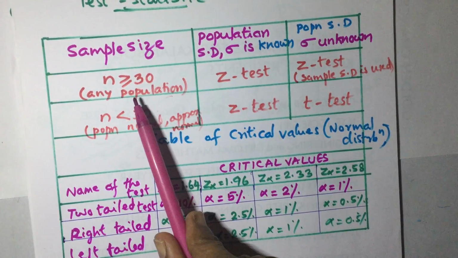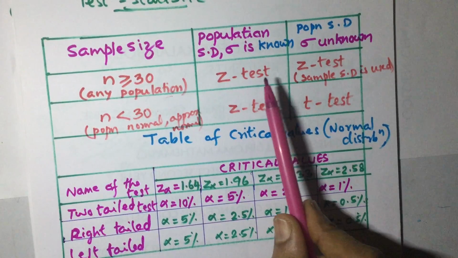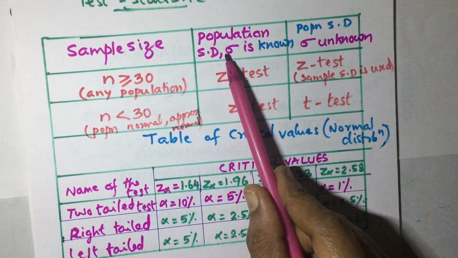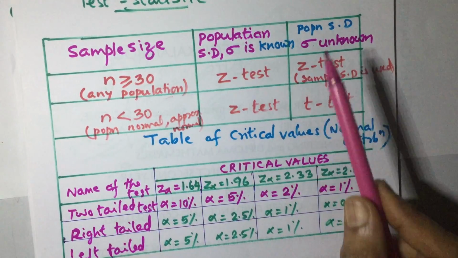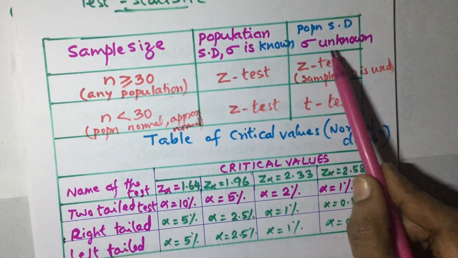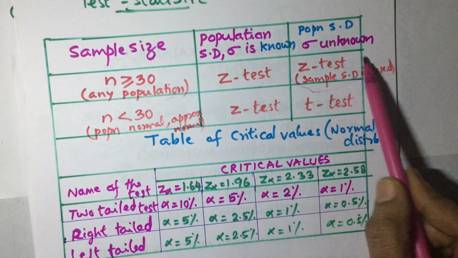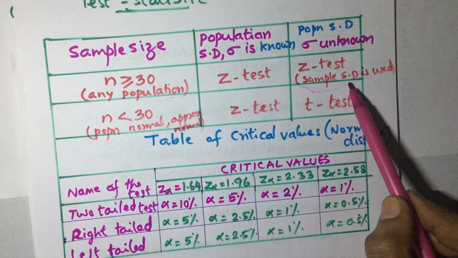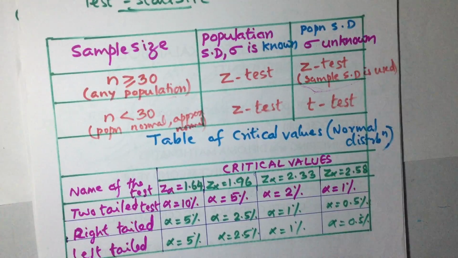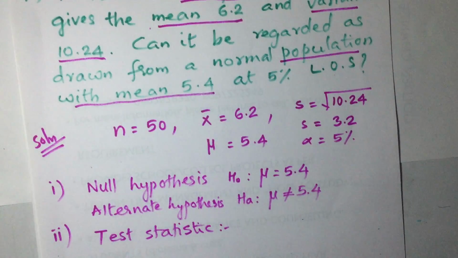If the sample size is greater than or equal to 30, we use Z test if the population standard deviation is known. But here the population standard deviation is unknown, so we will use Z test only, but instead of sigma we will use the letter S.